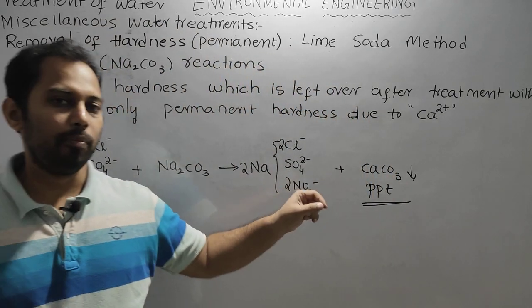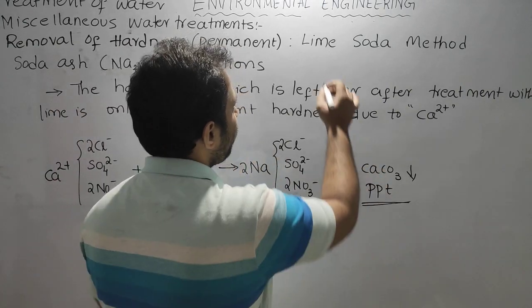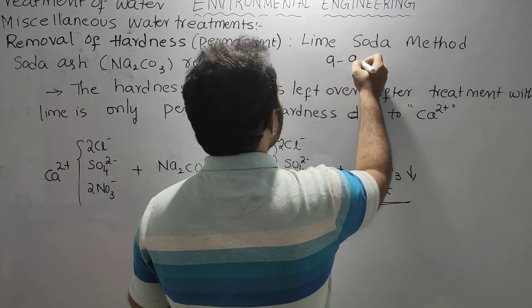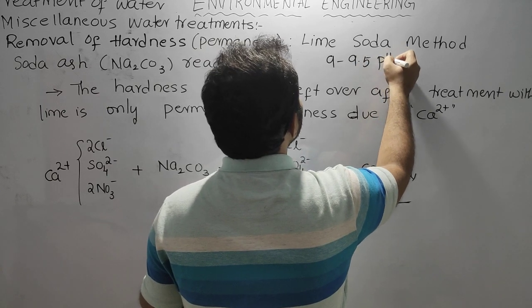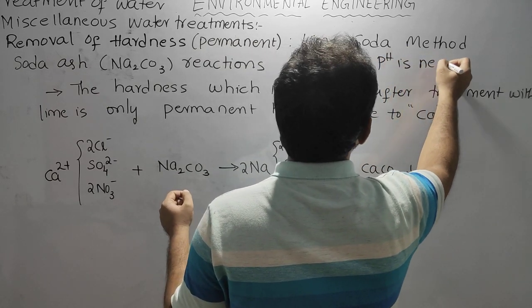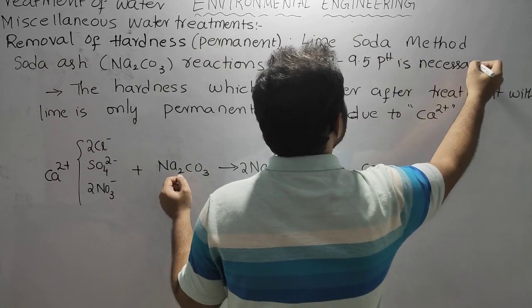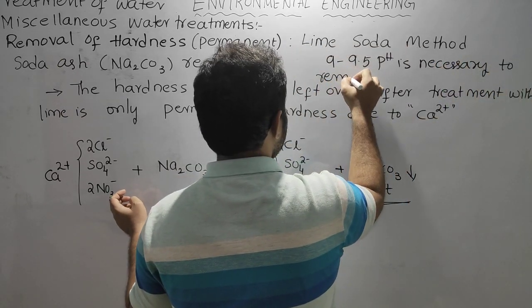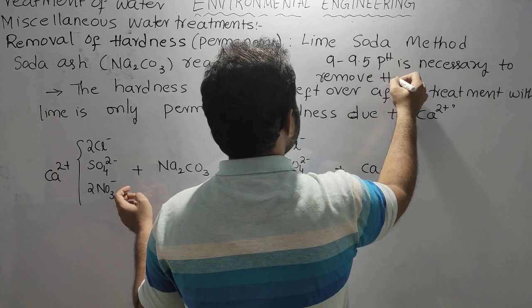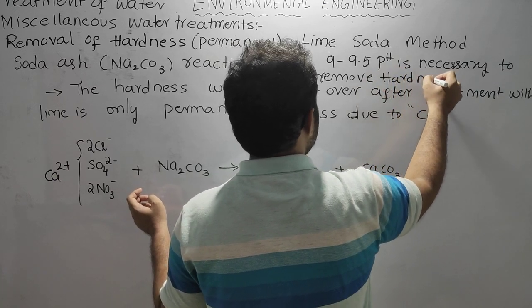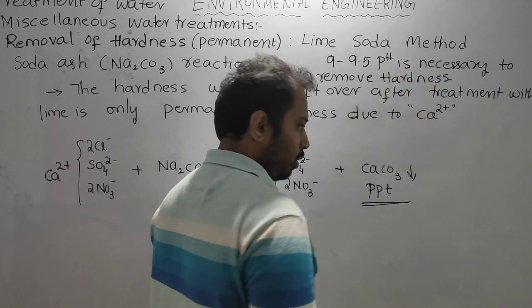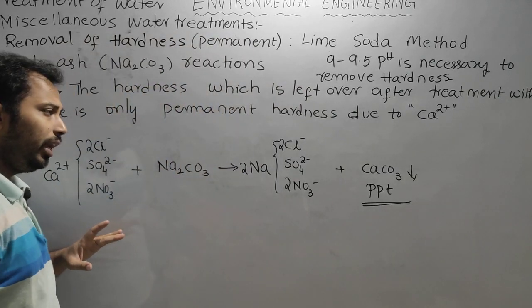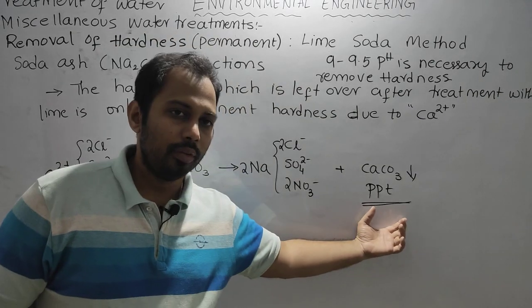So why I told you in the beginning of the explanation of removal of hardness that we need to maintain a pH of 9 to 9.5? So a pH of 9 to 9.5 is necessary to remove hardness because all the hardness by the lime soda process is being removed in the form of CaCO3 only.